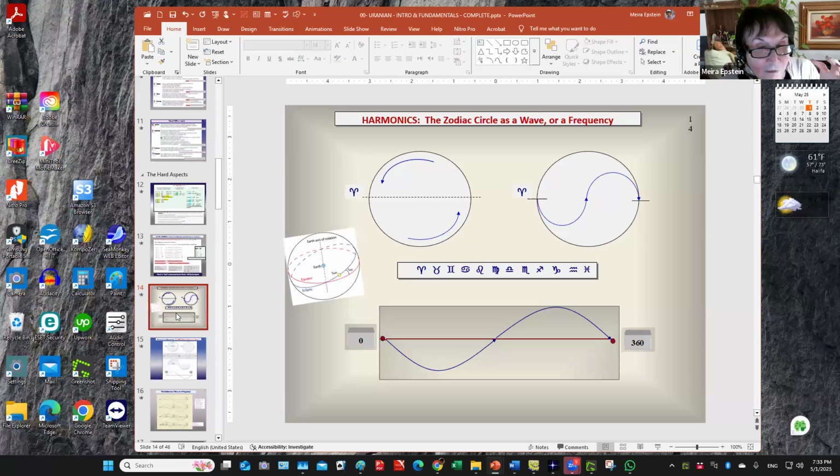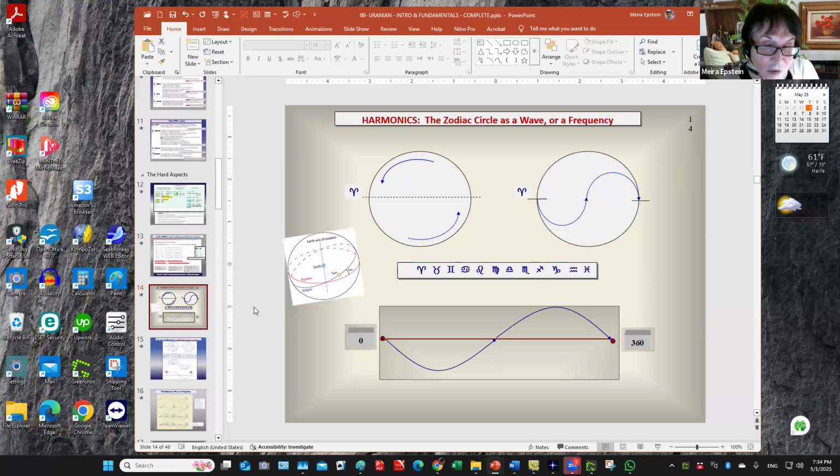So we're looking for the fact that everything makes an aspect, and when two planets are in aspect, any one of those combinations, they resonate together. It's like resonance. They vibrate together. They resonate.